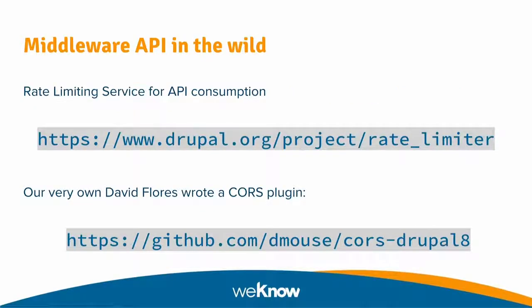So some examples. There's a rate limiting service for API consumption. If you've ever built an API service that people have to consume, one of the biggest problems you probably run into is, how do I stop people from abusing it, right? It's a URL. People can just hit it many times and potentially kill my site, kind of like a DDoS attack.